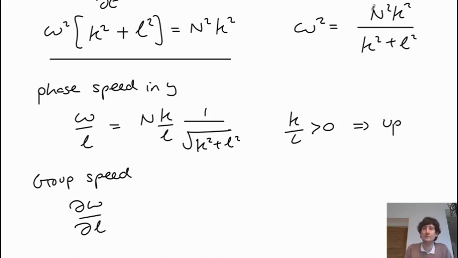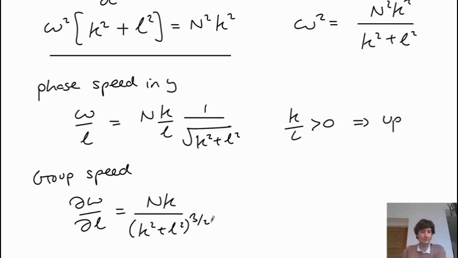And now we have a slightly different thing, that l is on the bottom here, and so we end up with an N times a k, then we have a square root here, so this ends up as k squared plus l squared to the 3 over 2, and then we have a minus, there's a half because it was a square root, and a factor of 2 because there's a squared here, so times minus l.